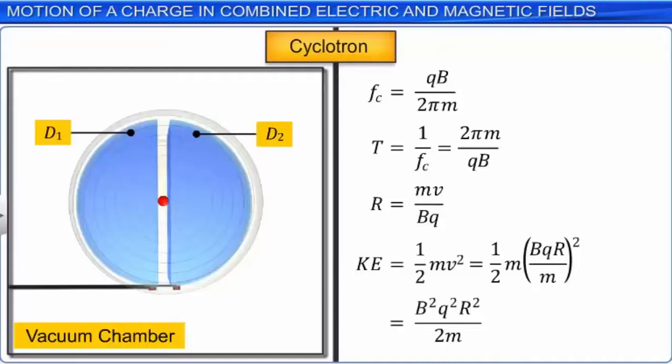The important feature of the cyclotron is that the cyclotron frequency is independent of the speed of the charged particle and the radius of the circular path. Thus, cyclotrons are used to bombard nuclei with energetic particles by accelerating them and to study nuclear reactions.